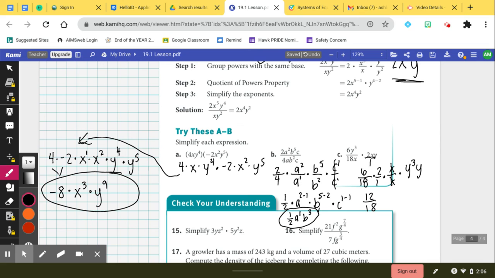When I'm multiplying powers with the same base, I can add their exponents, so this becomes y to the fourth. Simplifying the fraction, 12/18 simplifies to 2/3, y to the fourth. So that's our final answer for that one.